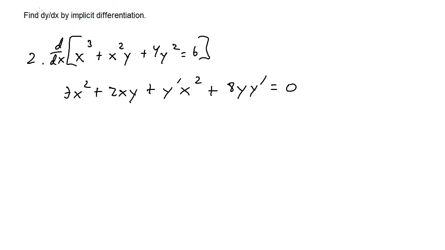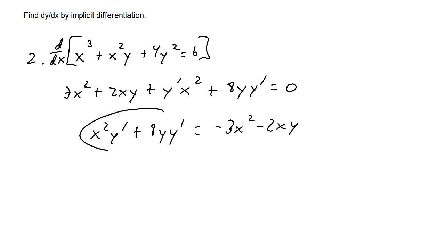So now, in order to find dy dx, I need to isolate the y primes. So if I subtract over 3x squared and 2xy, we get x squared y prime. I'm just going to rearrange those terms. And then plus 8y prime equals, now when I subtract those two over to the other side, we get negative 3x squared minus 2xy.